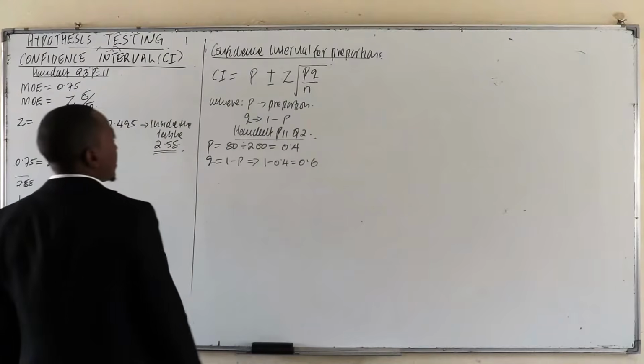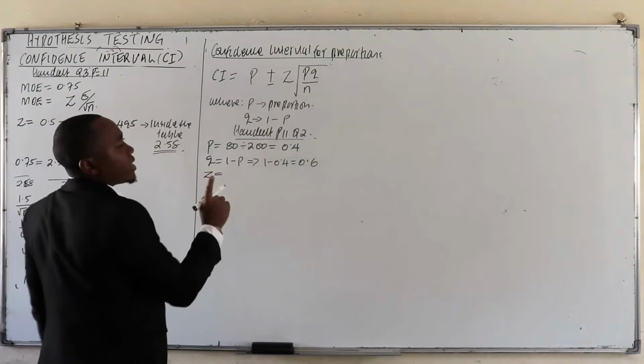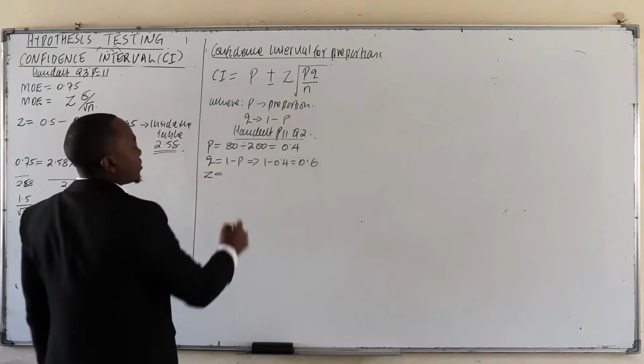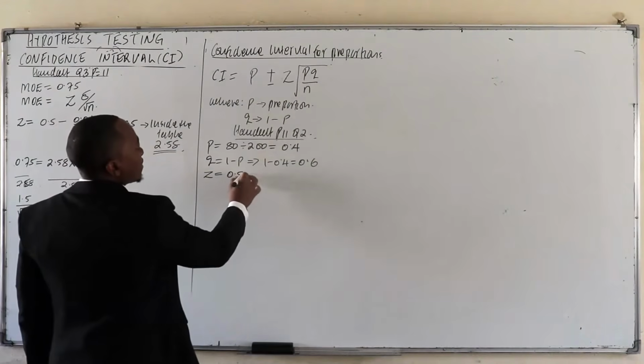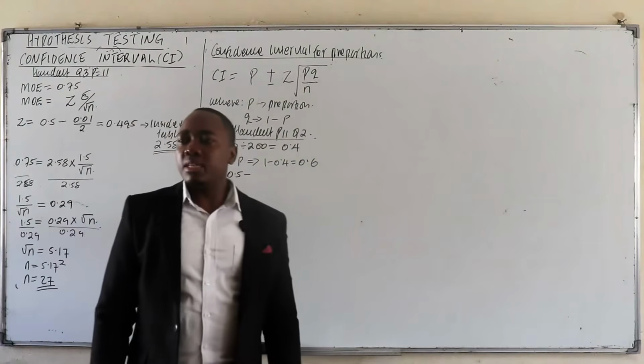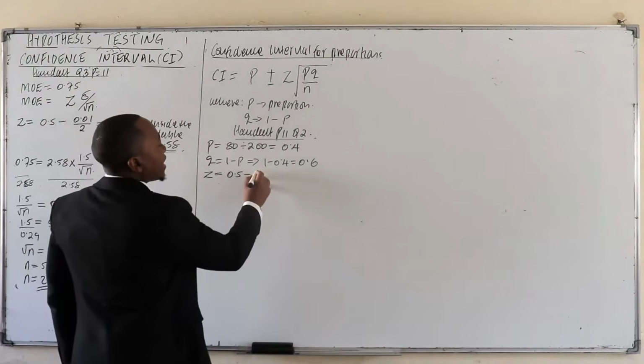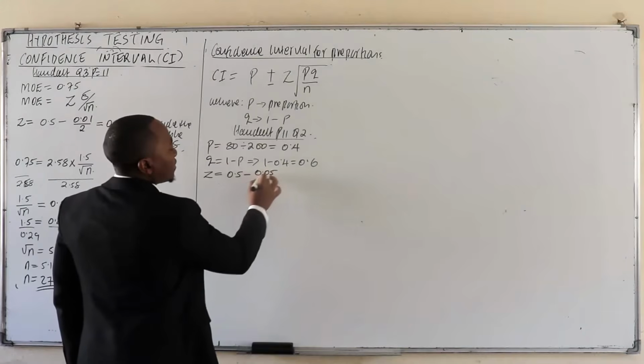So how do we get that? First of all, let's get Z. To get Z, you take 0.5. If you want to be 95% sure, that means the significance level will be 5%, which is 0.05, over 2.